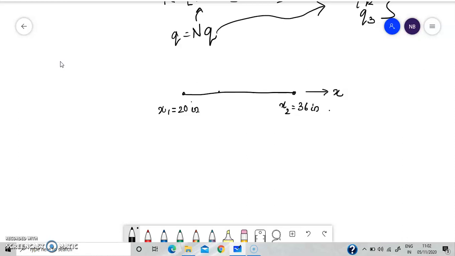You need to find out, at a point P which has the coordinate 24 inches, the displacement at that point.